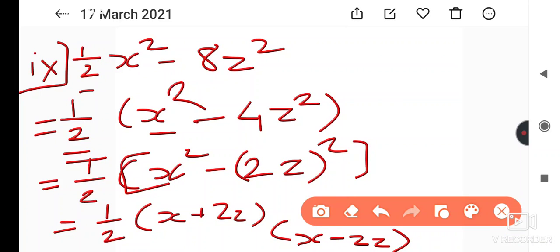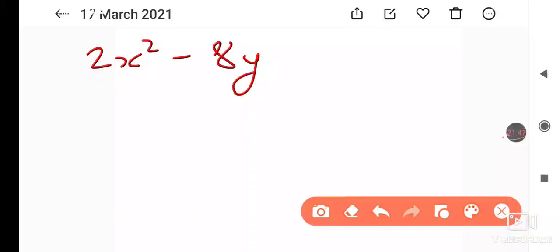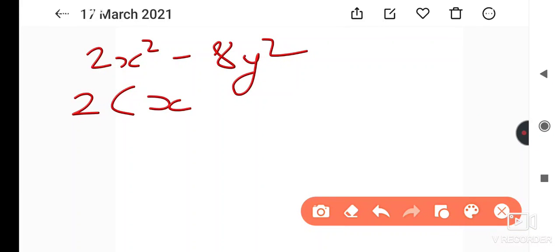And the last example we will see, and then we will finish. The last example is 2x square minus 8y square. I showed this, but half the space was not sufficient, that's why I am solving here. So 2 just take outside, here remains x square, 2 stays inside, 8 is at the 4th place, and y square.